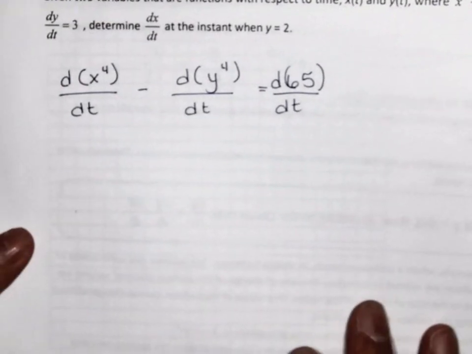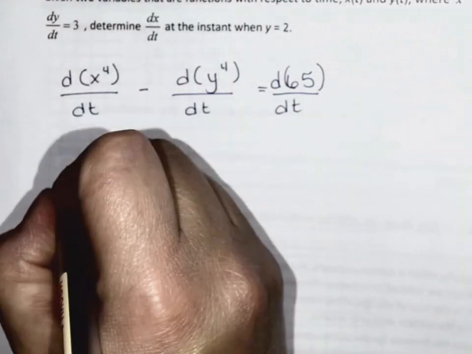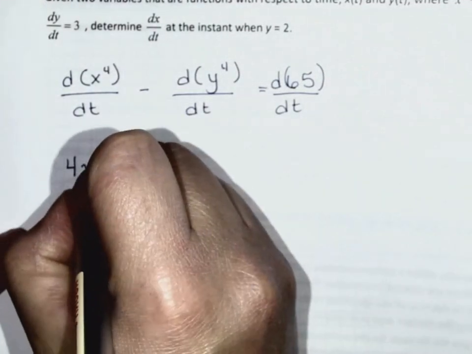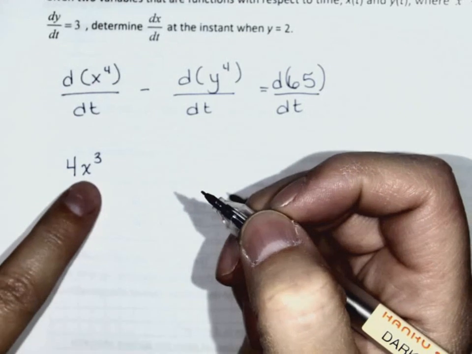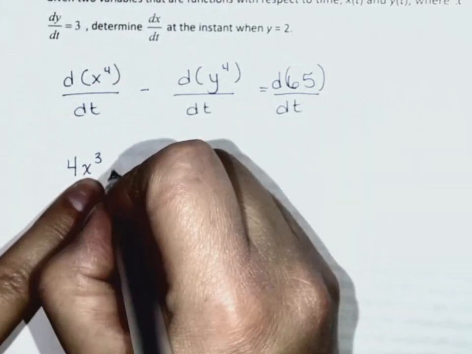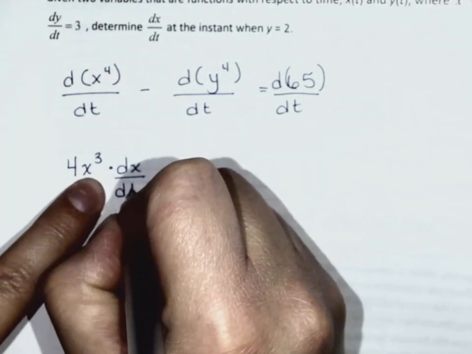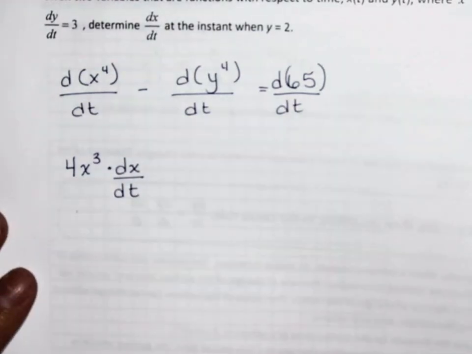All right, so we're going to derive everything just like our power rules. So this is going to be 4x cubed. Now, what letter did we derive here? X, right? So this is going to be multiplied by dx over dt. Everybody good with that?